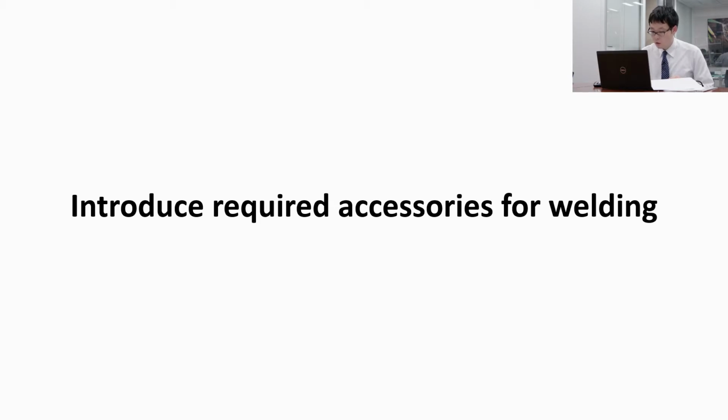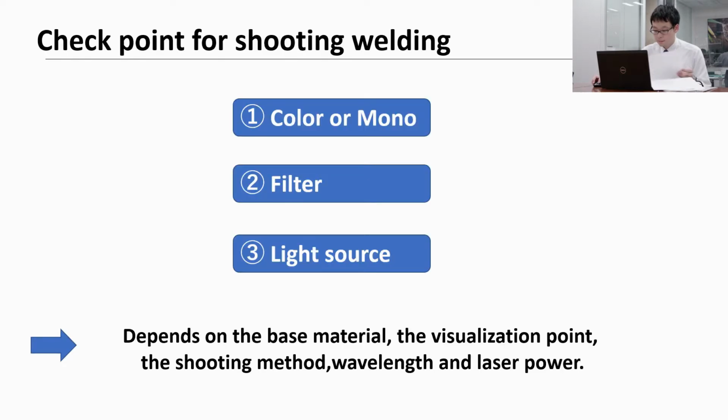From now, we will introduce the required accessories for shooting welding. There are mainly three checking points for shooting welding with a high-speed camera. First one, selecting a color or monochrome camera.